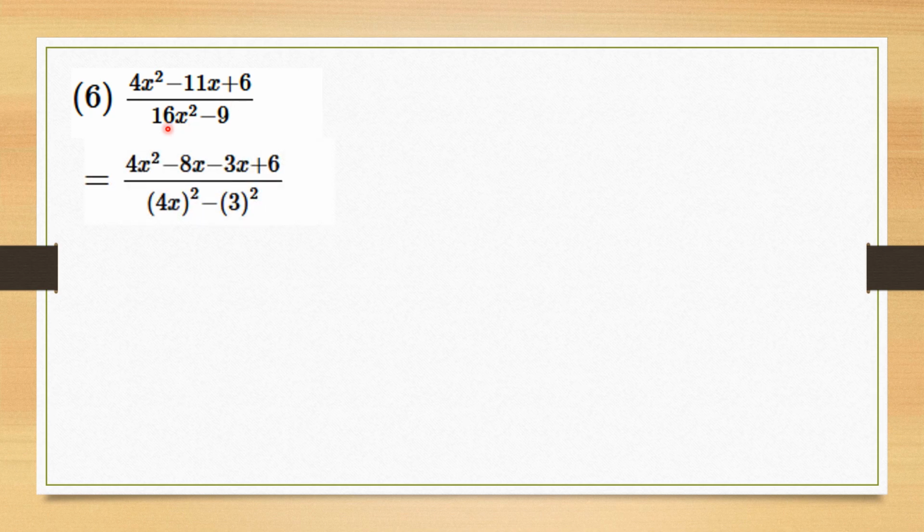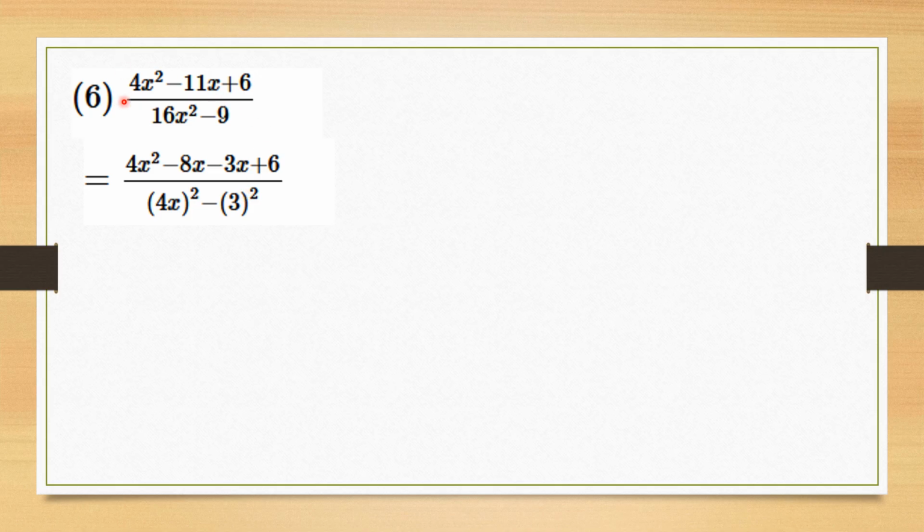And the denominator is of the form a squared minus b squared. 16 is a square of 4 and 9 is a square of 3. So the denominator will change to (4x) whole squared minus (3) whole squared.